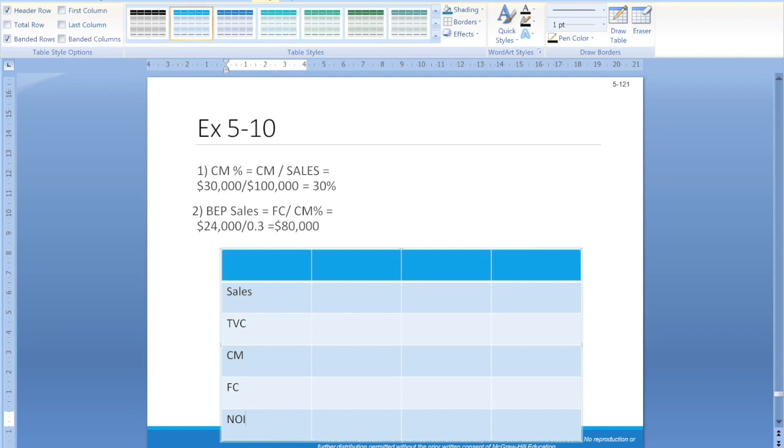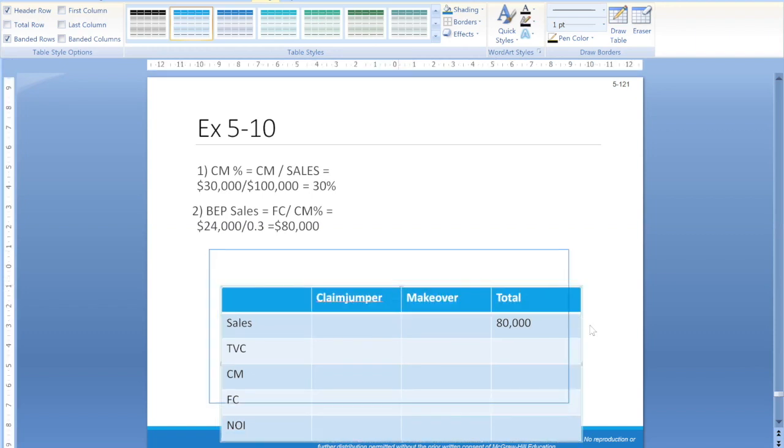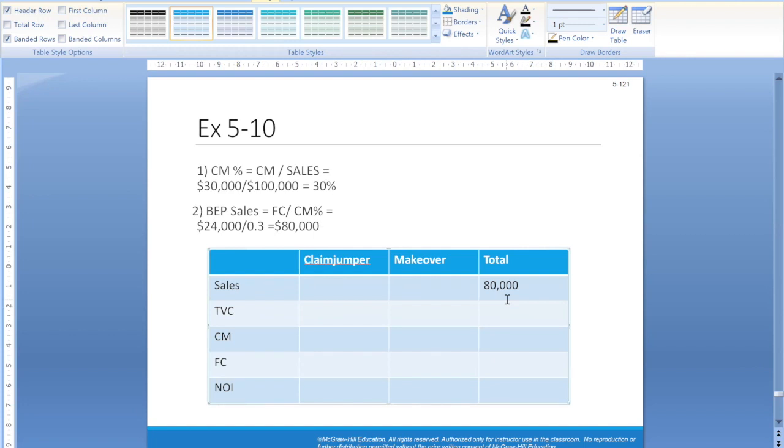Okay, for the claim jumper, and the makeover, and total. We will start with the 80,000 total. This is the important point. We are starting with the 80,000 in total for the whole company. So we have sales of 80,000.